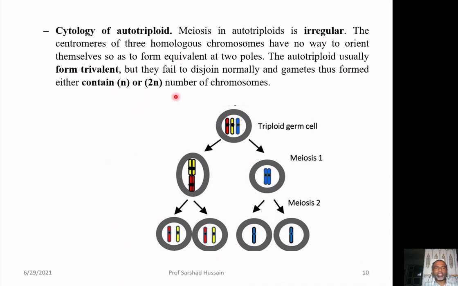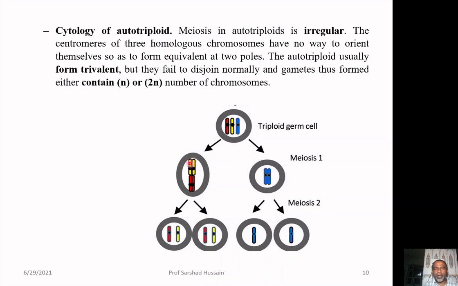If you look at the cytology of the autotriploid, you will see that there is no way that all these chromosomes will orient normally. They will form a trivalent, and this trivalent may have two conditions: during meiosis 1, two chromosomes will go to one cell and one chromosome will go to the other cell.